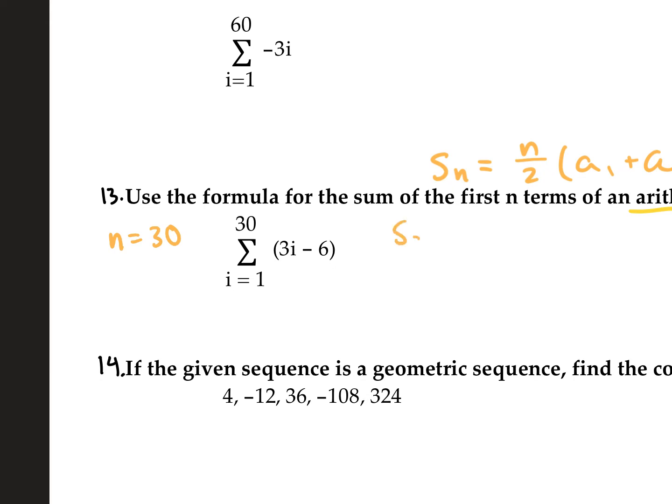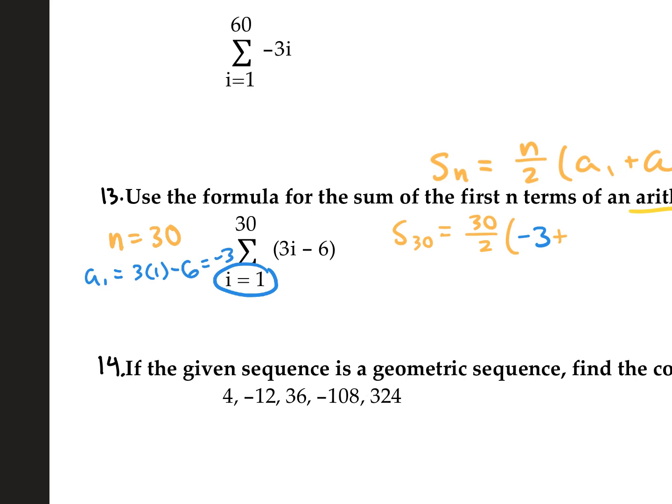So I'm going to plug that in. We're finding the sum of my 30 terms. So it'll be 30 divided by 2. What's a sub 1? How do I find it? Plug in 1. So I plug in the first number down here. So a sub 1 would be 3 times 1 minus 6, which would be negative 3.